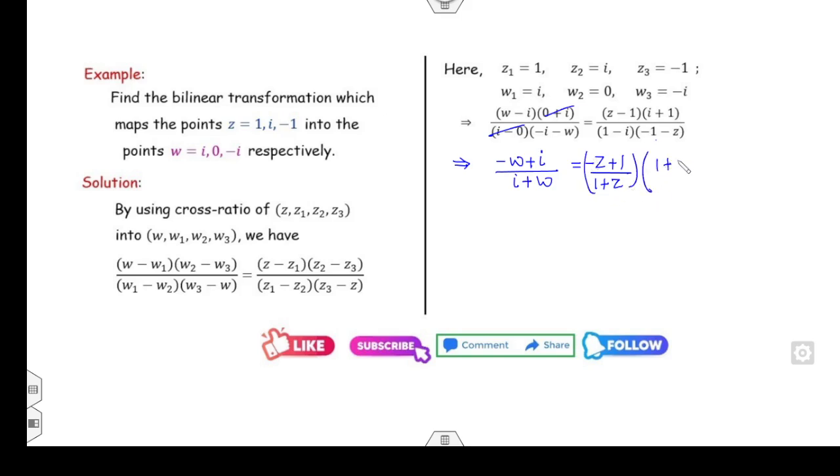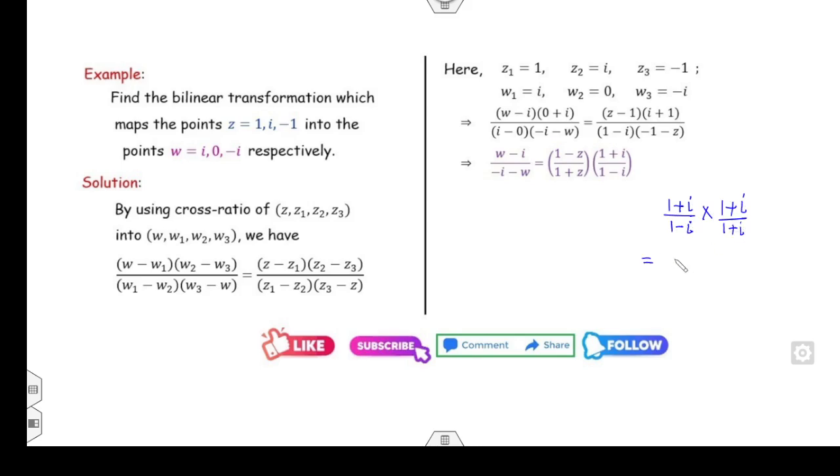Then it is 1 plus iota over 1 minus iota. Can you find the value of 1 plus iota over 1 minus iota? I can rationalize them. So the numerator becomes 1 plus iota squared plus 2 iota divided by 1 minus iota squared. It's minus 1 plus 1 cancel. 2 iota divided by 2, that is iota. This value is my iota.